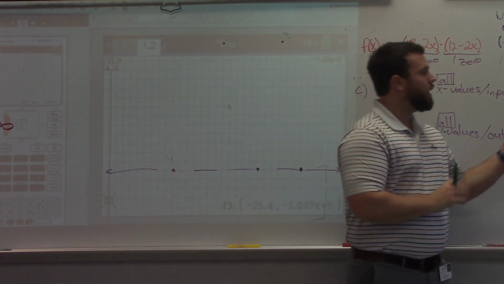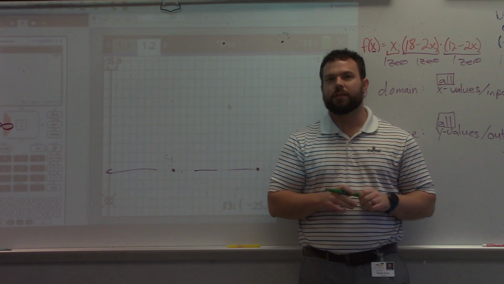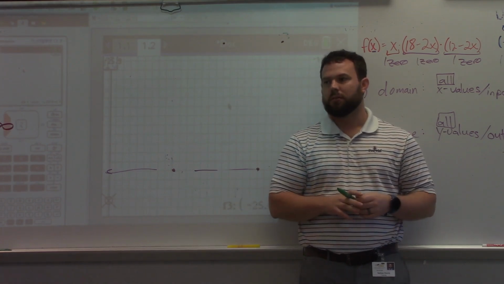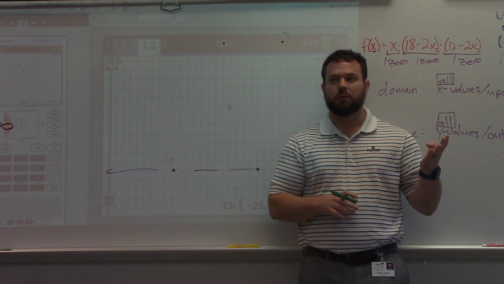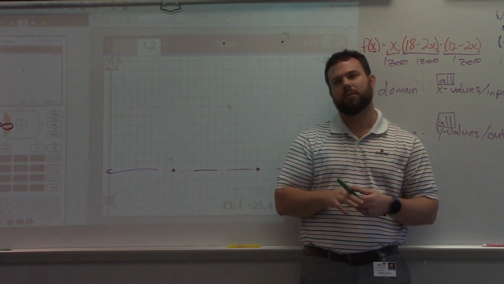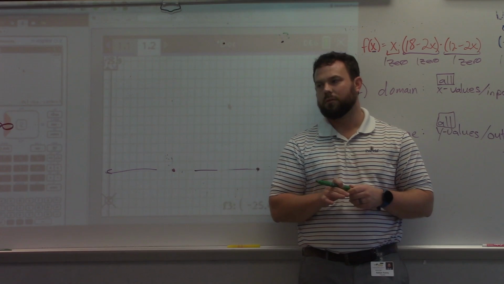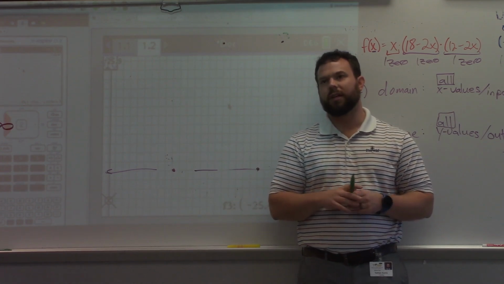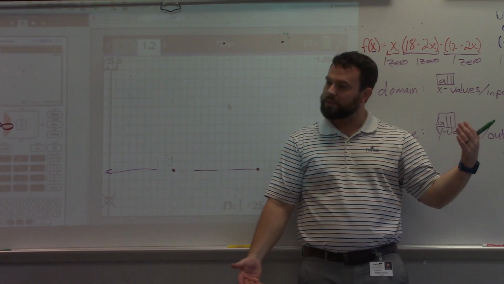So, we have a minimum x and a maximum x. So what is a statement that we can make about what my domain is? All x values, both negative and positive infinity.